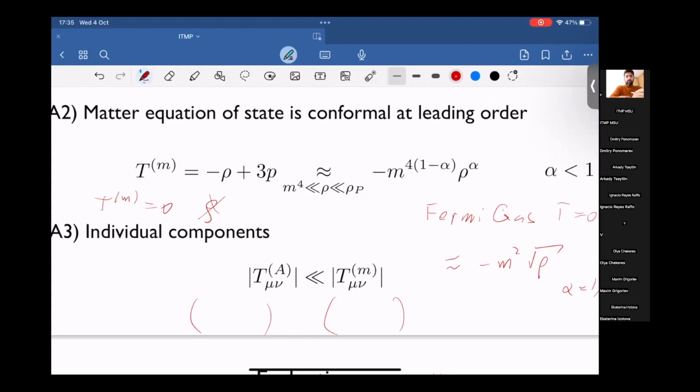And under those conditions, if we compare component by component, the components of this matrix are much larger than the components of this matrix. For each component, however, there's one particular combination that doesn't satisfy that hierarchy, and it's precisely the trace of these two objects. So there's no hierarchy between the trace of these two things.